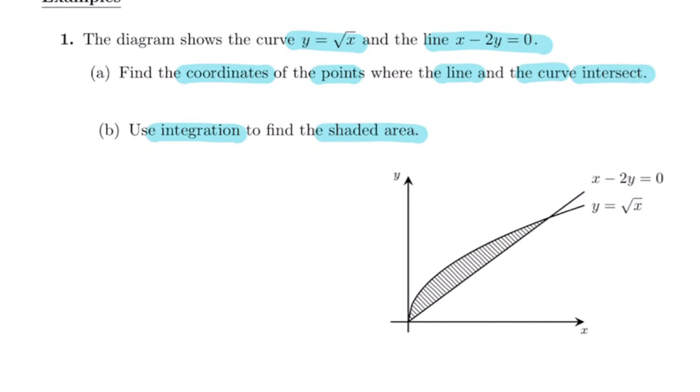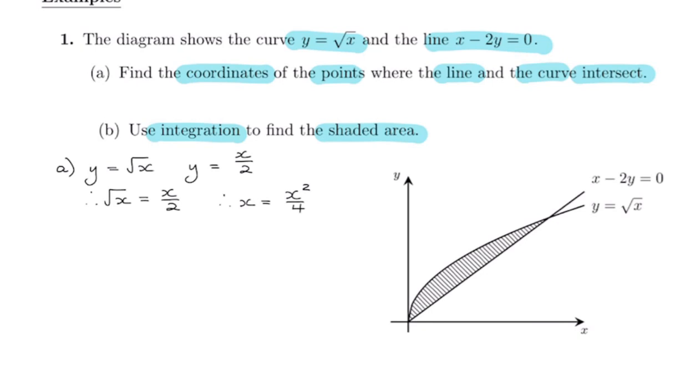So the first thing we need to do is find the points of intersection. We've got y equals the positive square root of x, and if you rearrange the line, you get y equals x divided by 2, or a half of x, or x over 2. We'll set those equal to each other, so we get the square root of x equals x over 2. If we square both sides, we get that x equals x squared over 4.